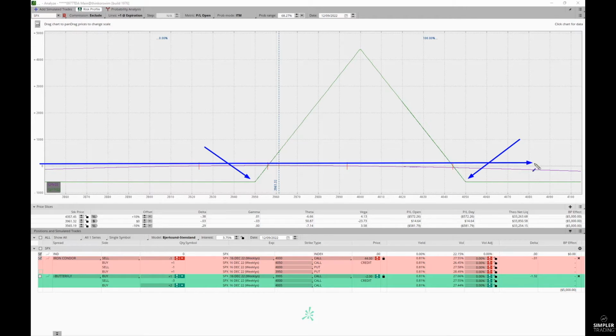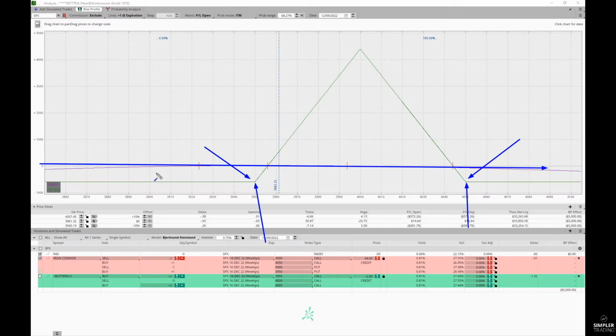Because the zero line is where we either are making or losing money. So you notice how with the iron fly, both of those elbows are below zero. So everything in that area would all lose money. It's very well contained, relatively speaking. $50 wide is going to yield a $6 risk on each side. But again, that emphasizes the Greeks a little bit better as to what I was wanting to show you.